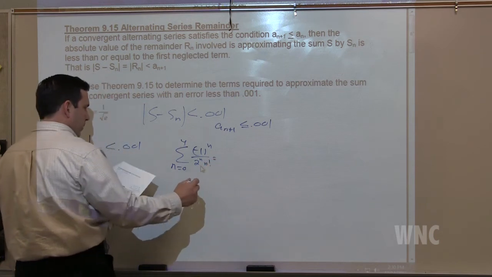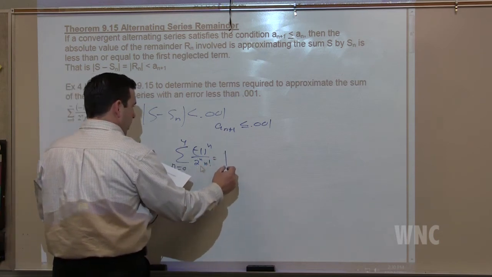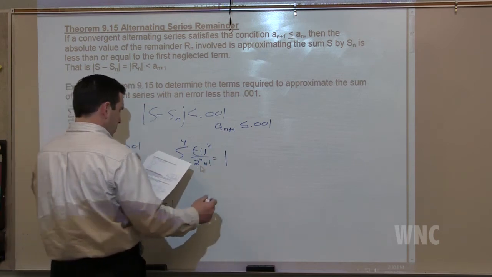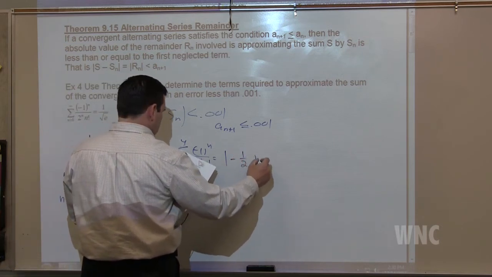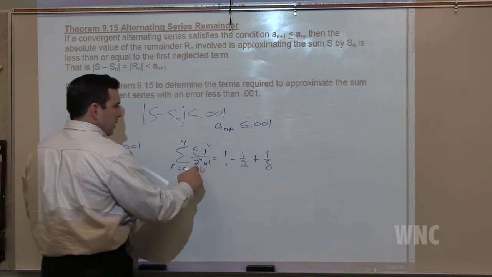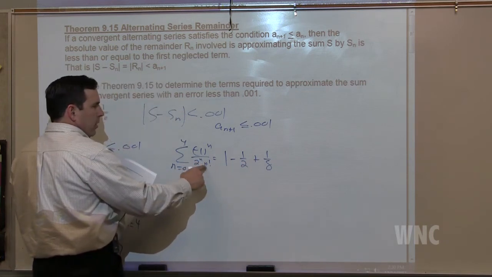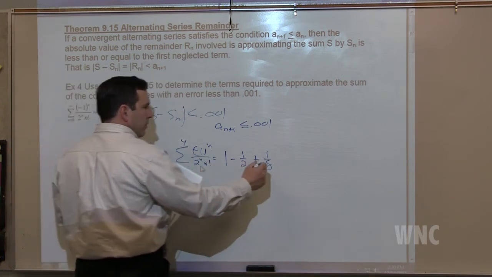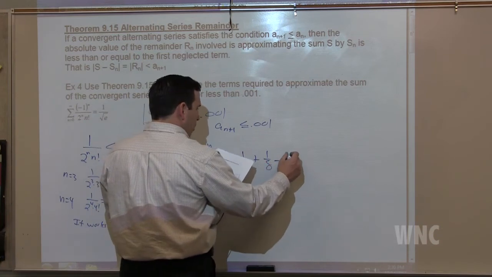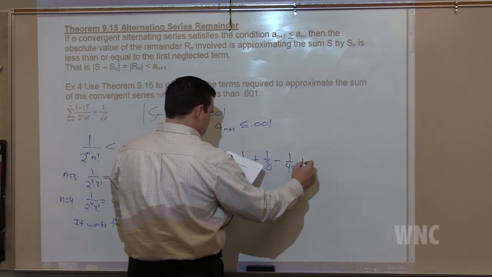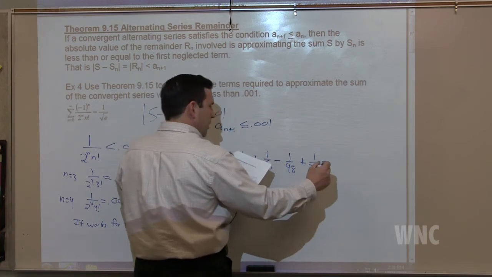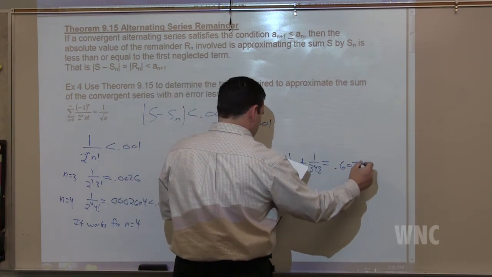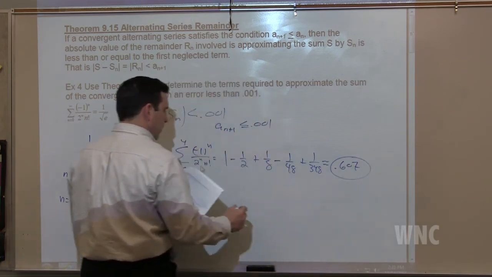So that's going to be 1 for the first case, for n equals 0, minus 1 over 2 plus 1 over 8, because 2 squared is 4, 2 factorial is 2, that's 8, minus 1 over 48 plus 1 over 384, and our approximation is 0.607. So we have 5 terms here.